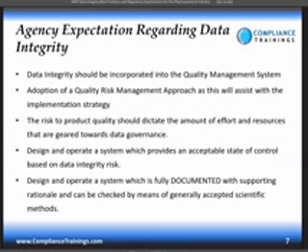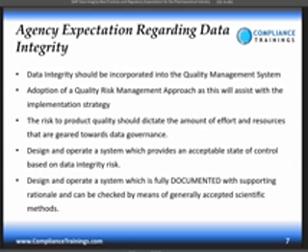So agency expectations regarding data integrity is that the number one thing is that it should be incorporated as part of the quality management system. There should be the adoption of risk management, quality risk management approaches to assist with implementation strategy.